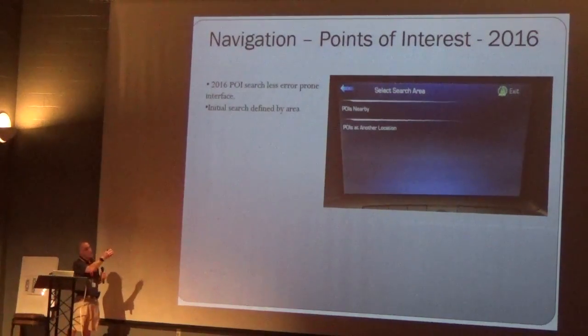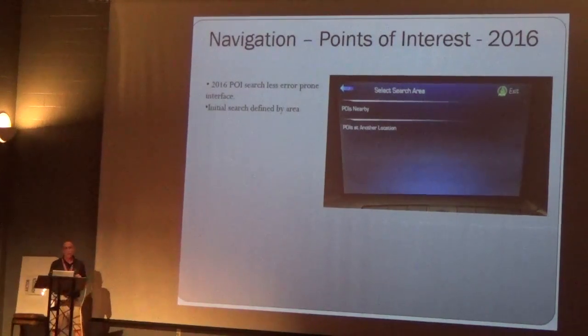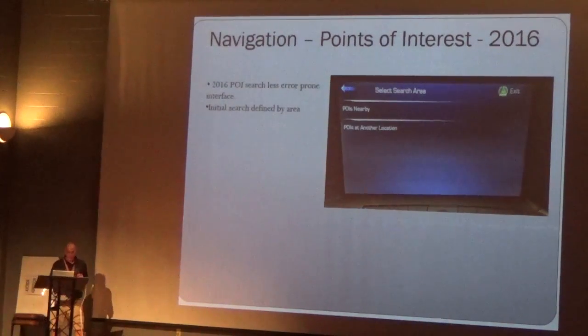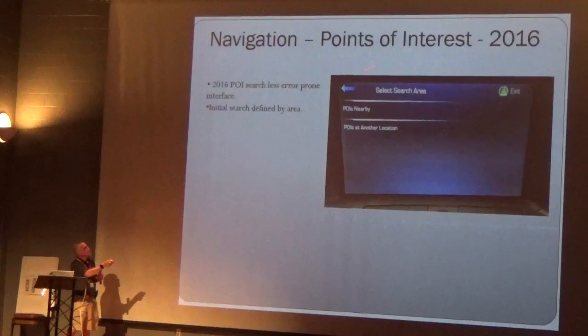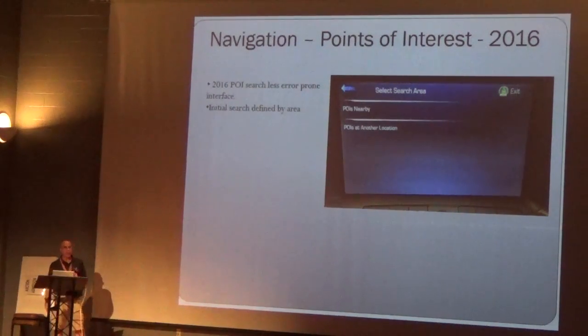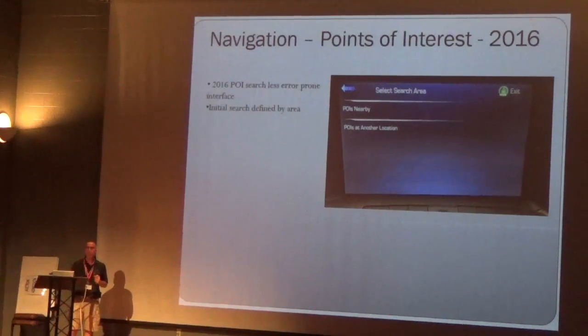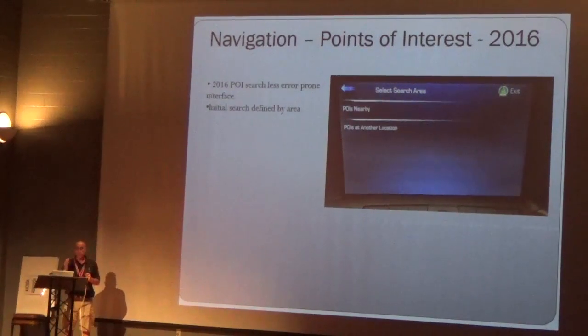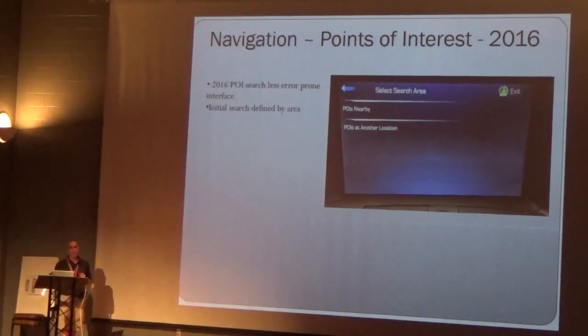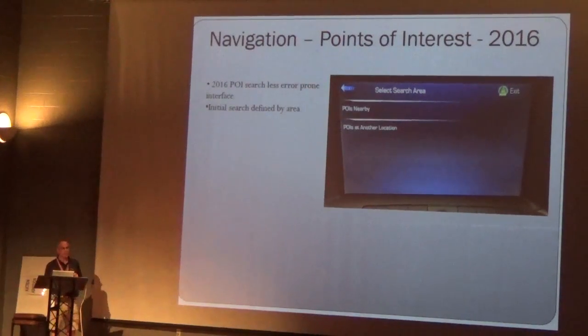So the first thing when you select the POI icon on a 2016, it's going to ask you to define where do you want me to look. So it's a little bit more intuitive. So it should minimize some of those search errors and some of that frustration.